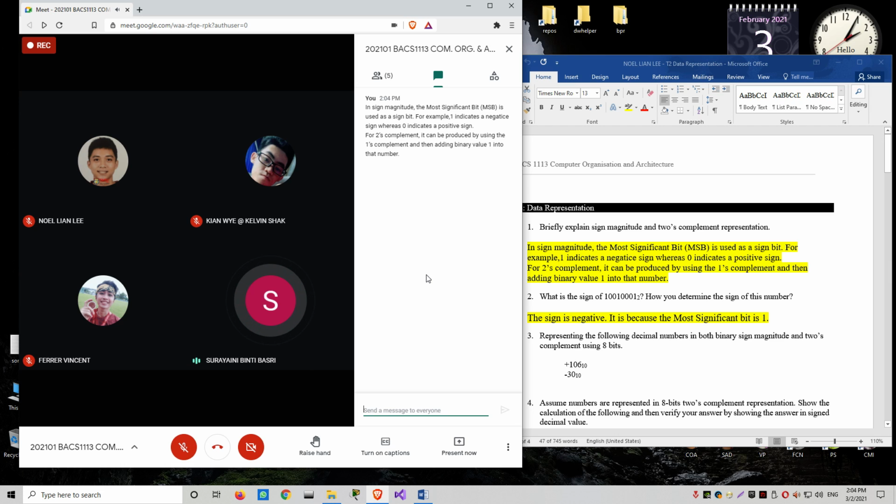For example, 1 indicates a negative sign, whereas 0 indicates a positive sign. For two's complement, it can be produced by using the first complement and then adding binary 1 to that number. Yes, correct, Noel. Thank you.